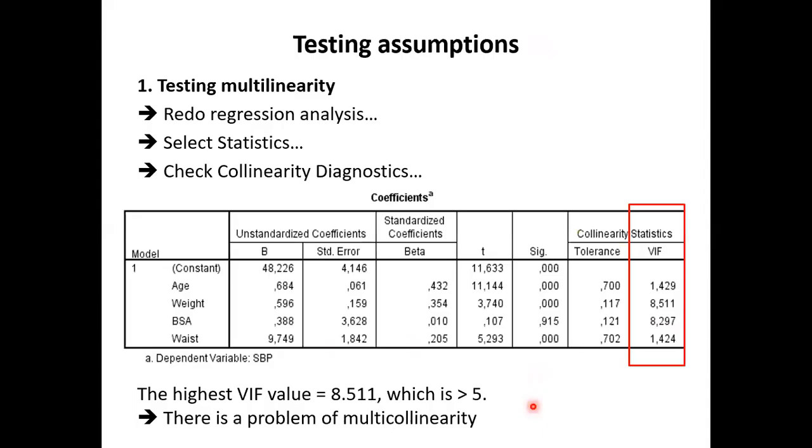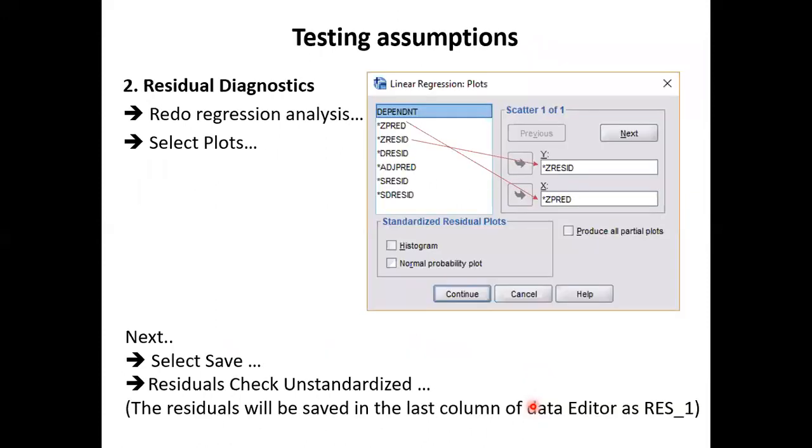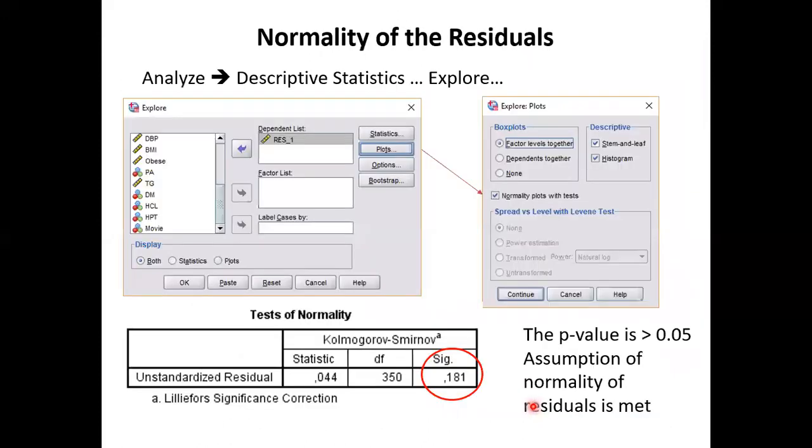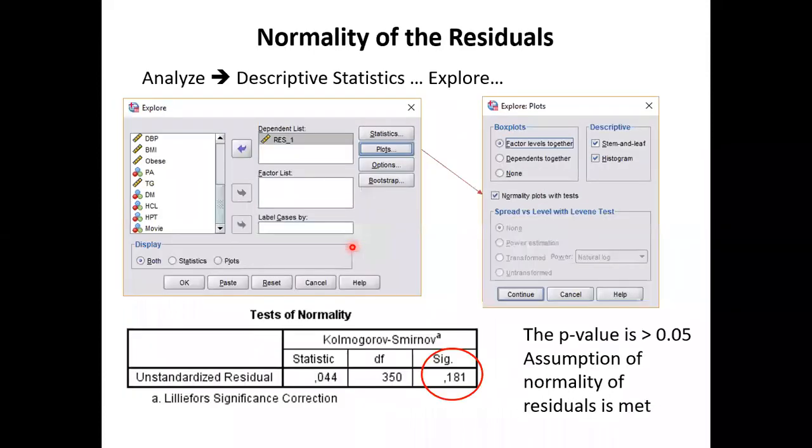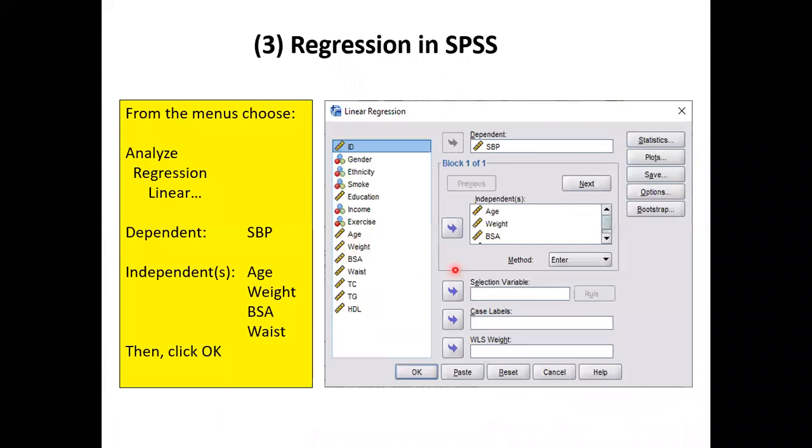Secondly, you also can ask SPSS to help. All the variables are there. Change this default enter method to stepwise. Currently it is enter, where all the variables enter into the model.